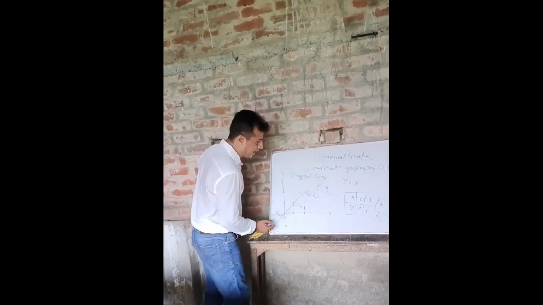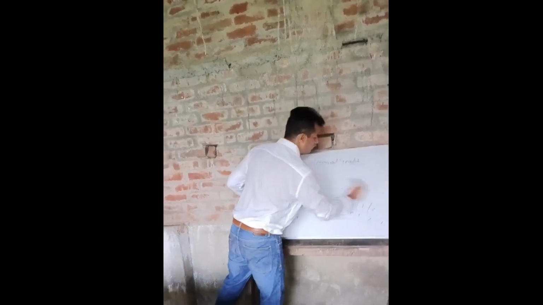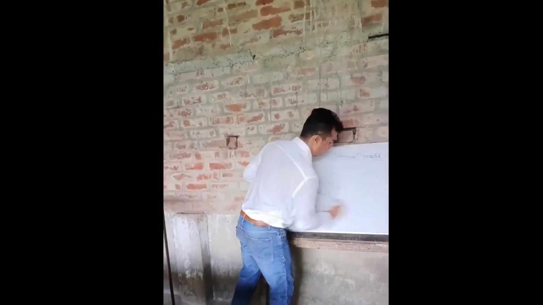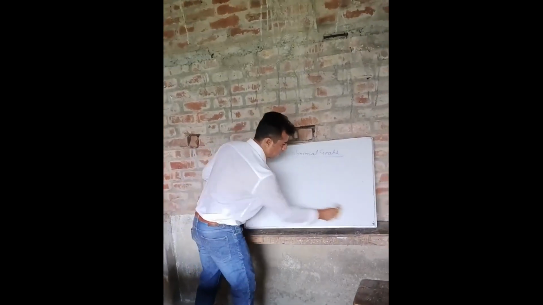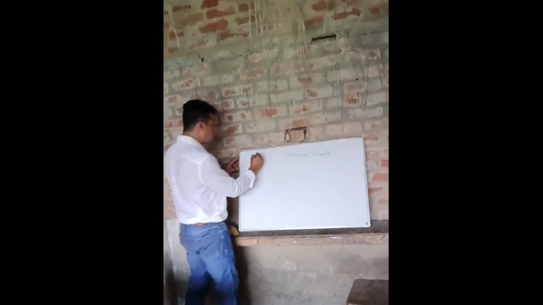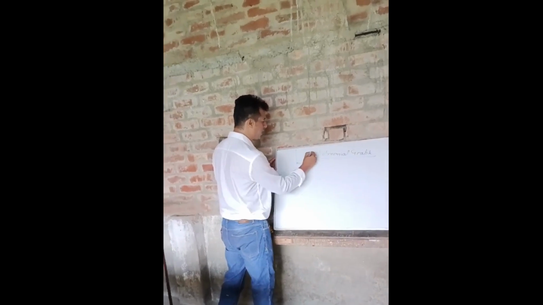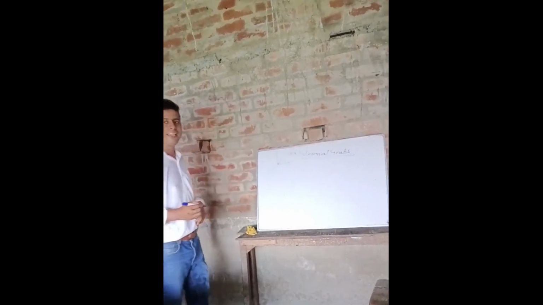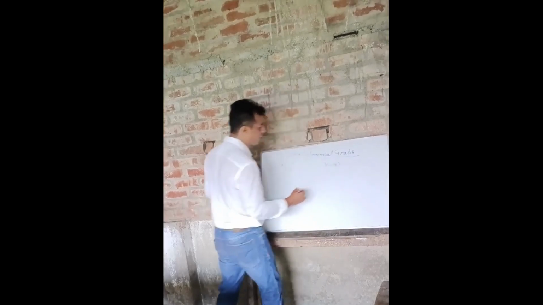So y equals x is a straight line. Now we will see the graph of y equals x square.